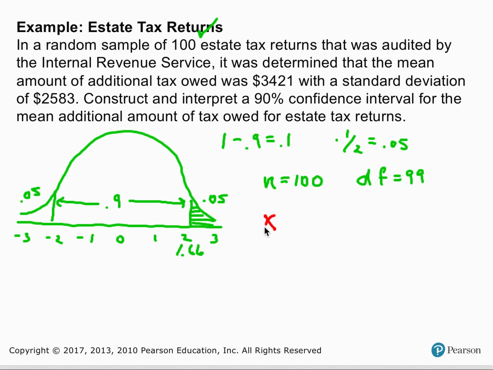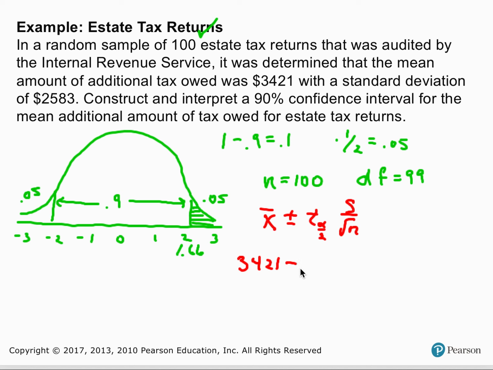All right, now here's our formula for our confidence interval. It is x bar plus or minus our margin of error, right? So here's the formula. So I'm just going to plug that information in. X bar is 3,421. Let's do the minus first so that we get our first one.